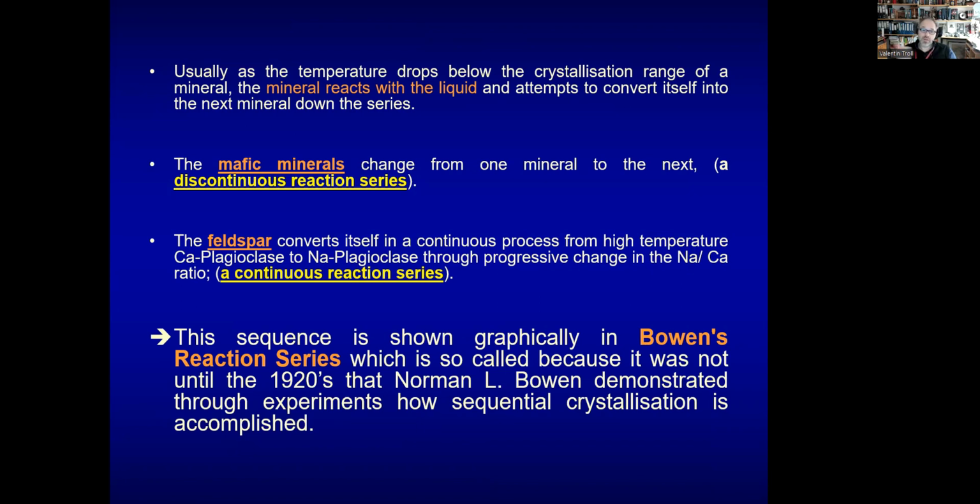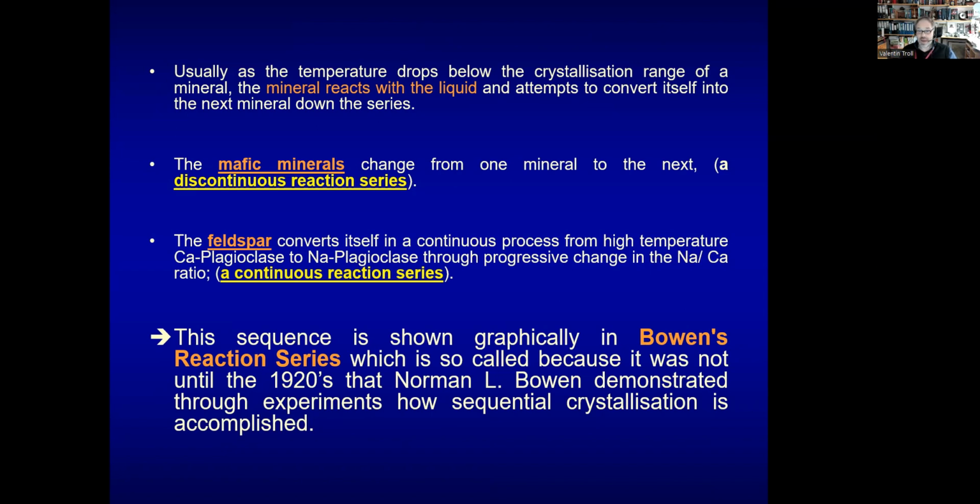So there we form a reaction series, and this reaction series is called Bowen's reaction series, with a discontinuous reaction series and a continuous one on the other side. The continuous creates successive compositions of feldspar. The discontinuous creates successive minerals. So this is why it's discontinuous, the other one is continuous.